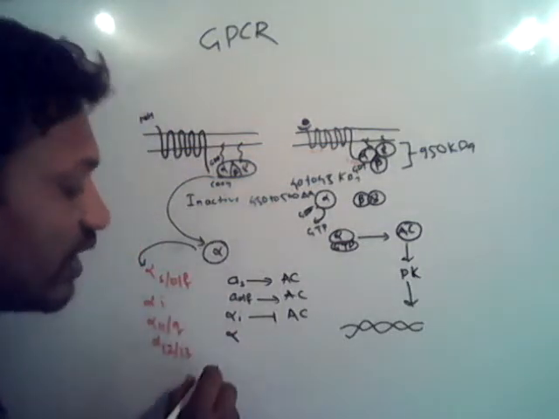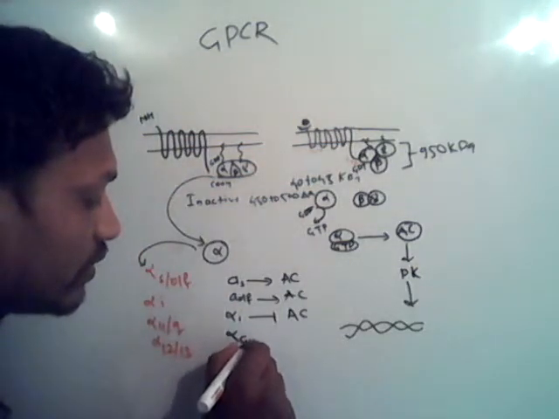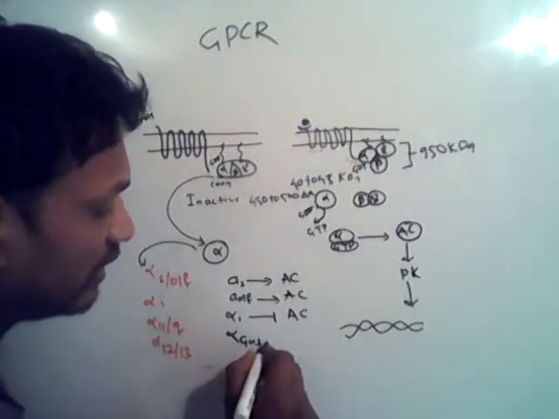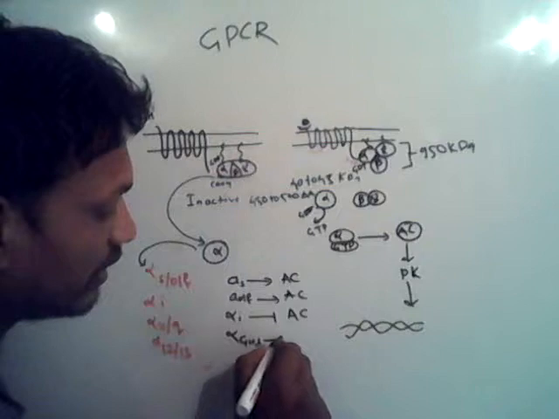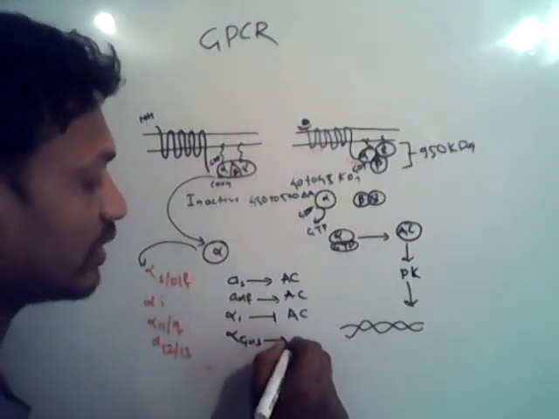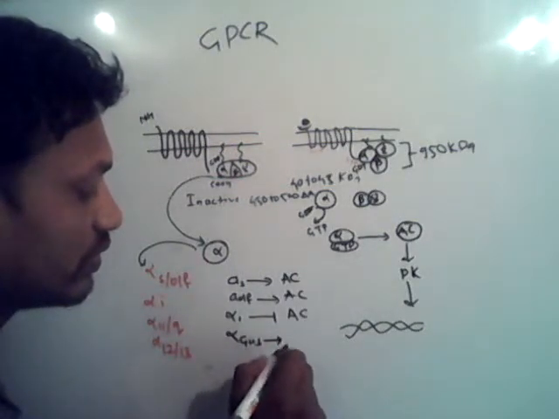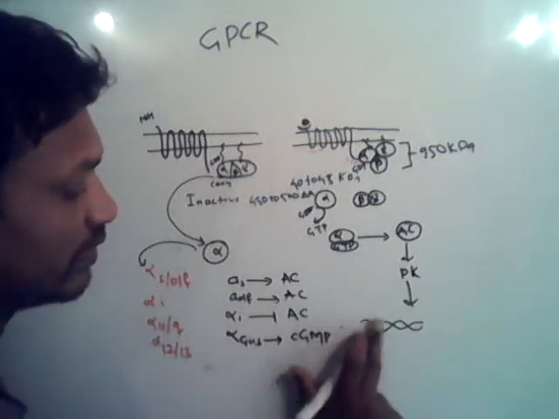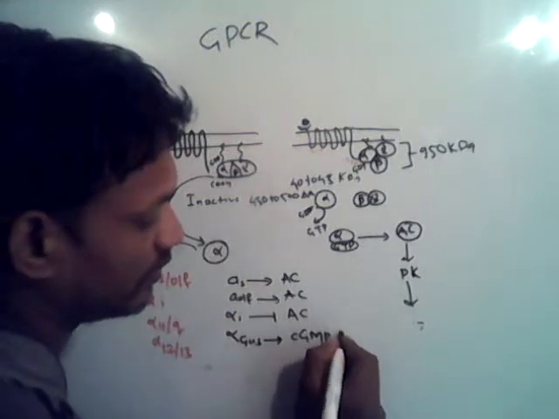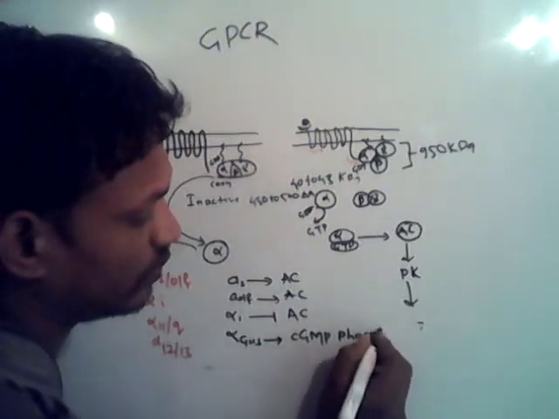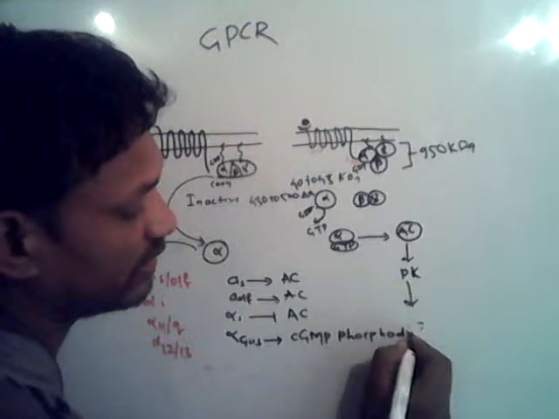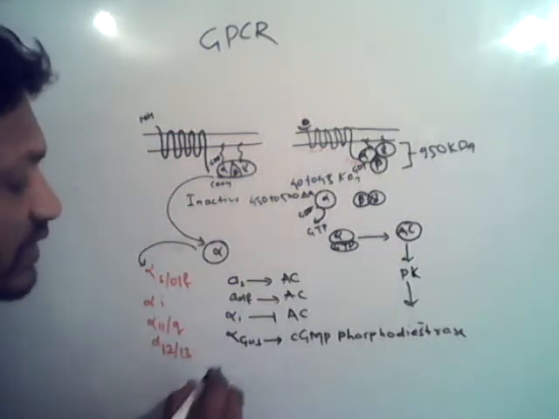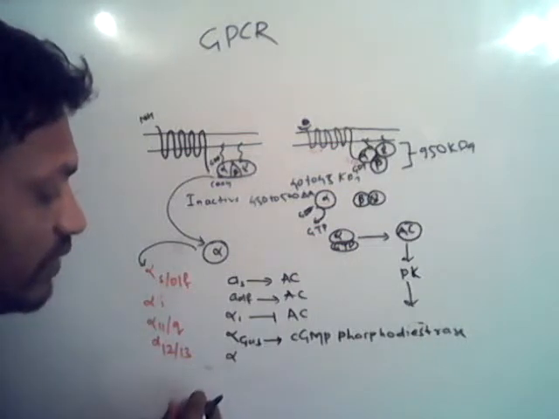If it contains alpha gustducin, you know the alpha gustducin, it increases the production, it induces cyclic GMP phosphodiesterase.